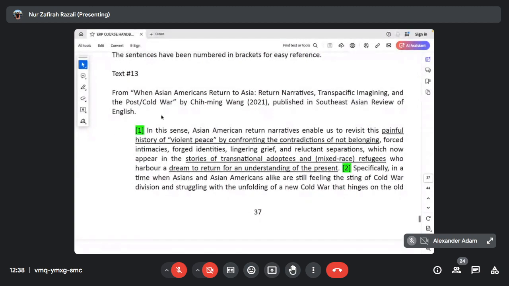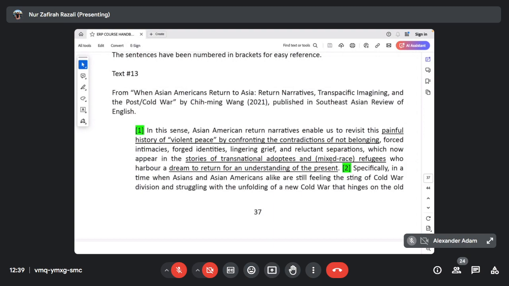In this sense, Asian American return narratives enable us to revisit this painful history of violent peace by confronting the contradictions of not belonging, forced intimacies, forged identities, lingering grief, and reluctant separations, which now appear in the stories of transnational adoptees and mixed race refugees who harbor a dream to return for an understanding of the present.